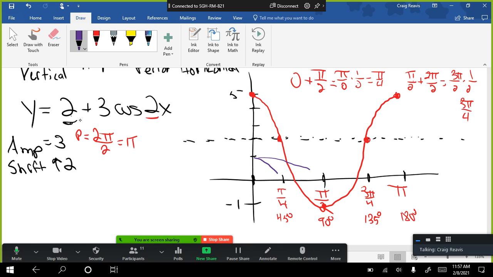So it normally goes through here. It's going to bottom out here. So that's what our normal curve sort of looks like. It's been scrunched up because the period is shorter. It's been shifted up, and it's also got a bigger amplitude.